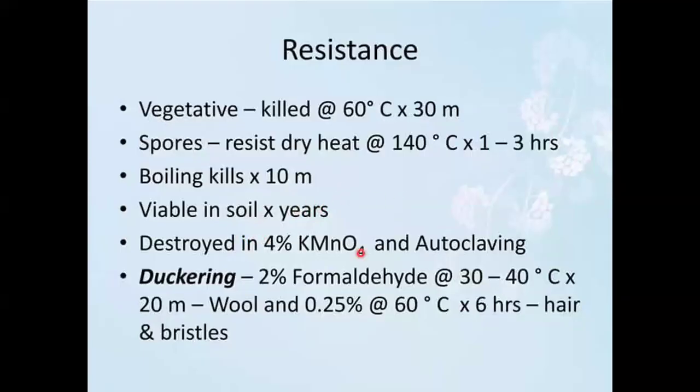They are destroyed by 4% potassium permanganate and autoclaving. And then there's a process called Dackering where we use 2% formaldehyde at 30 to 40 degrees for 20 minutes. Okay, so the most important thing here is for you to know that the presence of spores makes it resist dry heat at 140 degrees.